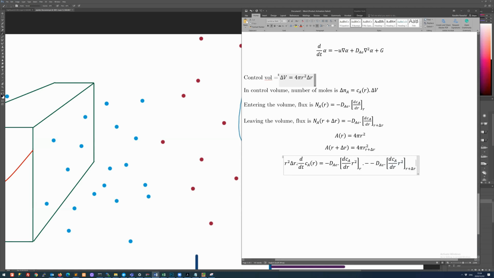Okay, and then you can see here we want to divide by r squared, and this r squared can cancel with this r squared because it's at r, but this r squared is at r plus delta r, so we can't cancel that. So we have to take this out as a constant. So we'll do that here. We can divide through by r squared, so we get rid of that. And then we divide through by delta r.